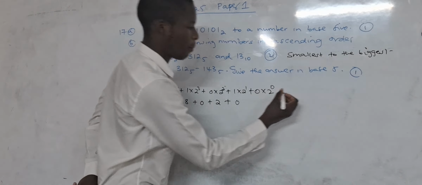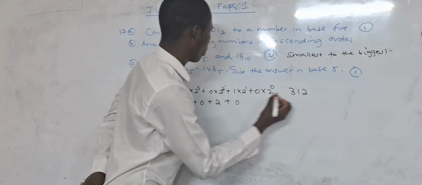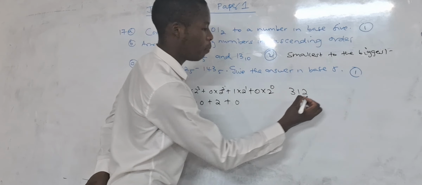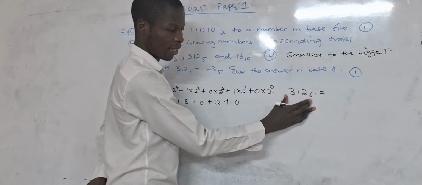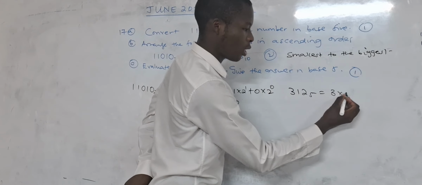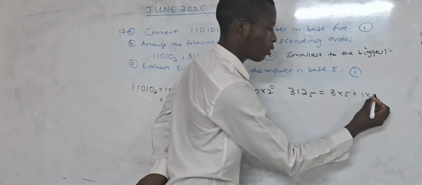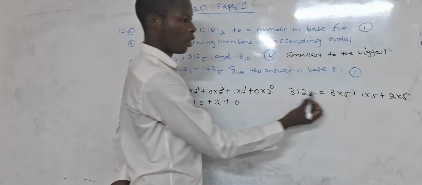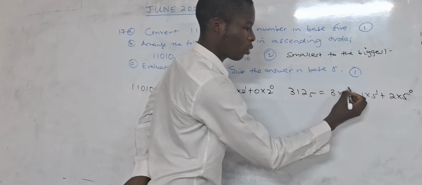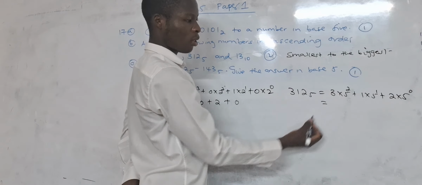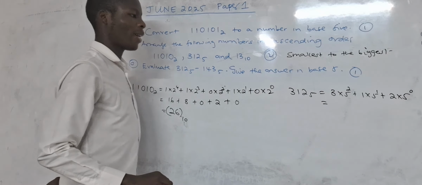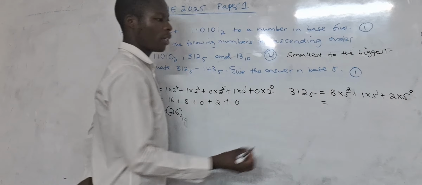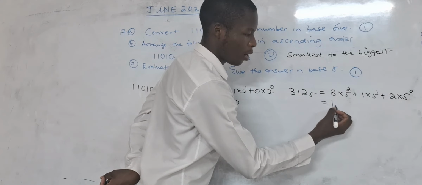Let's convert this number to base 10: 312 base 5. We want to convert it to base 10 again. So this is 3 times 5^2 plus 1 times 5^1 plus 2 times 5^0.